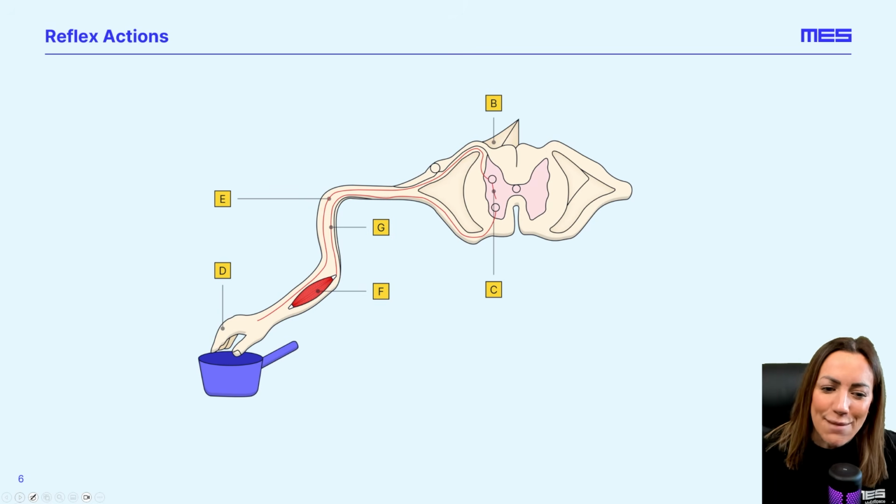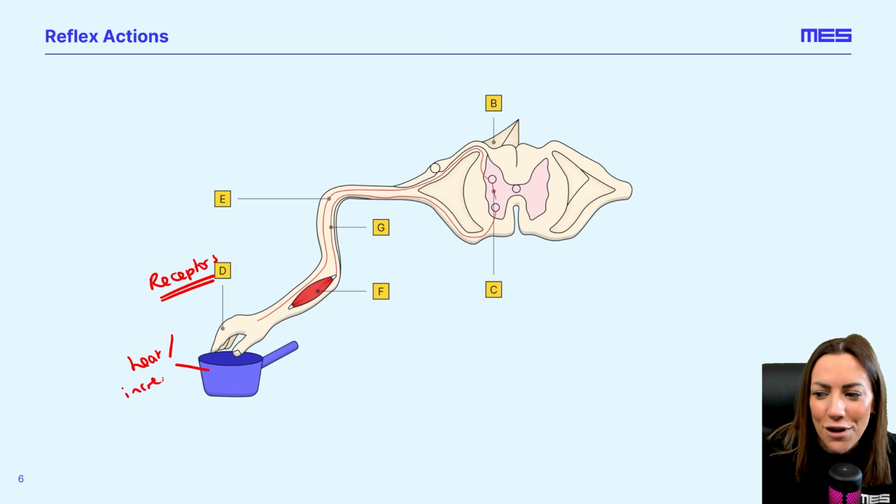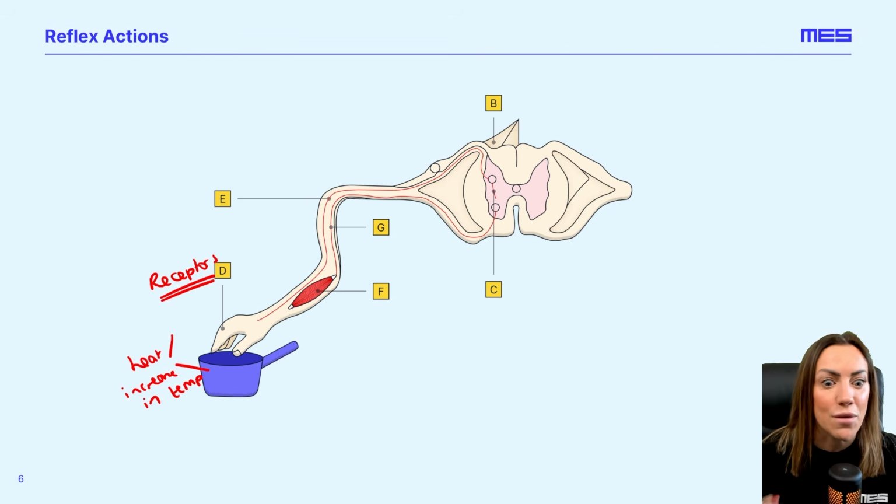Let's see if we can label all of these things on a reflex arc diagram. So let's start here, because D would be the receptors. Yeah, so these are cells that detect the stimulus. I think the stimulus here is going to be heat or an increase in temperature because it looks like they're touching a hot pan. So the stimulus is the change in the environment, so the increase in temperature because they've touched the hot pan.